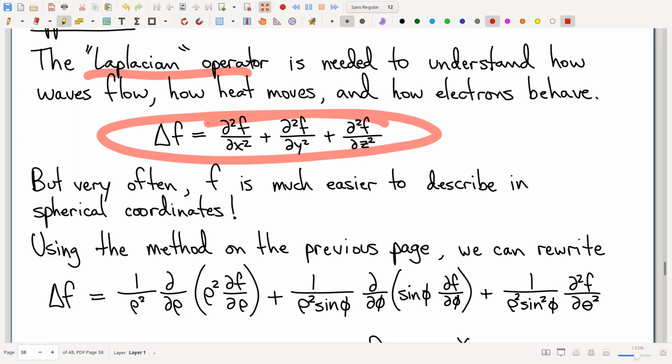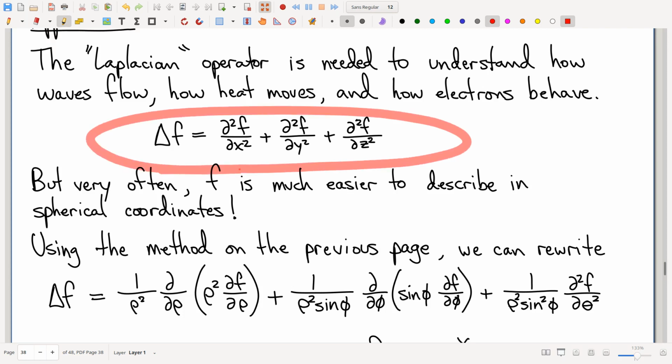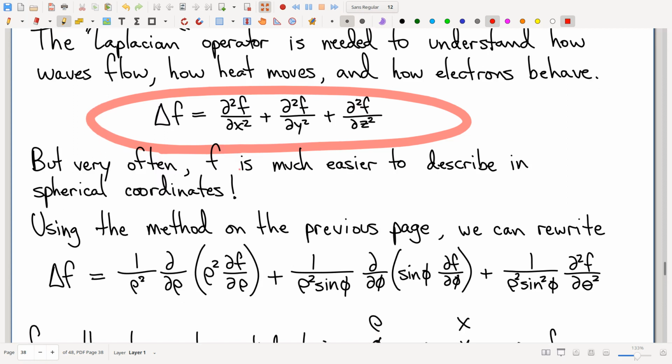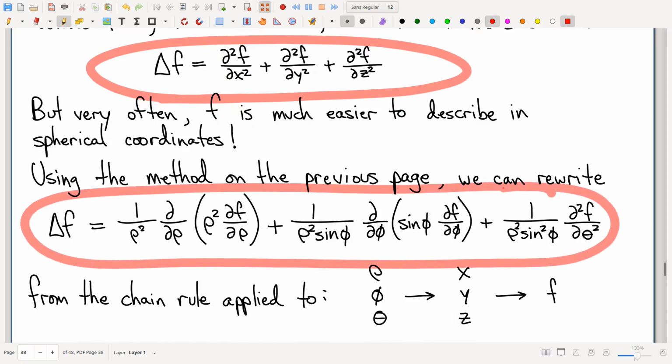So I'm going to make the following observation, and that is that I can rewrite this rectangular Laplacian. Call it that because it involves partials with respect to rectangular coordinates. Can rewrite that as this spherical Laplacian. It's the same thing.